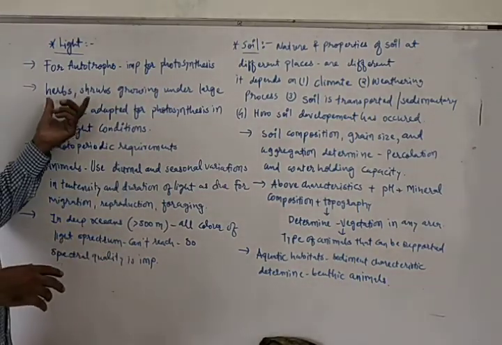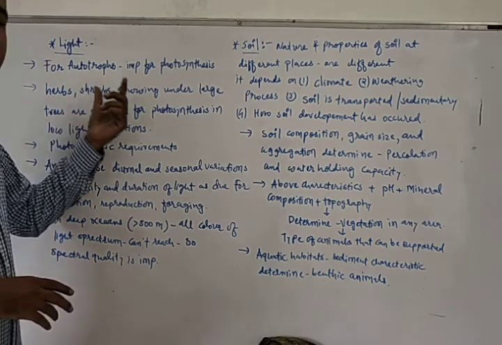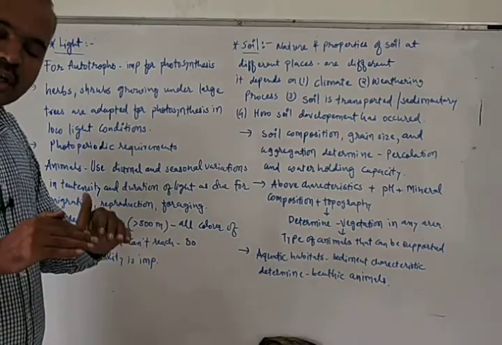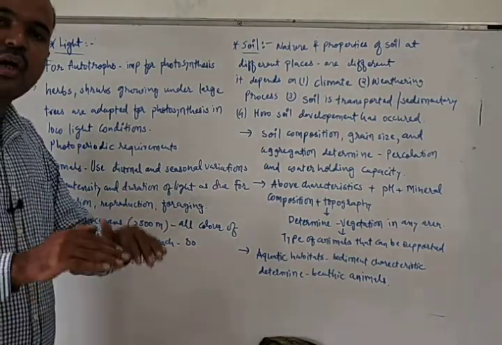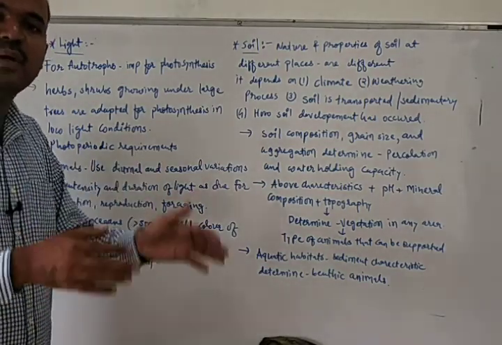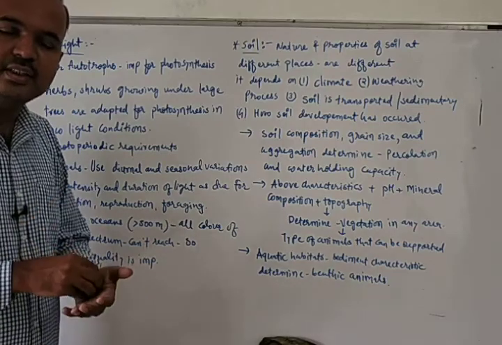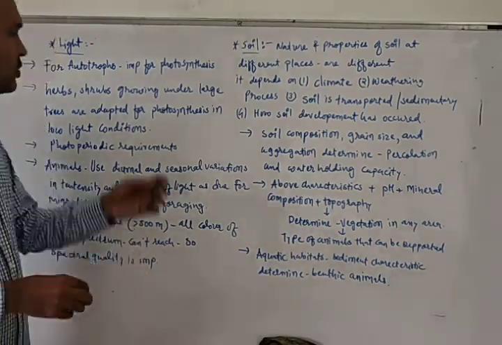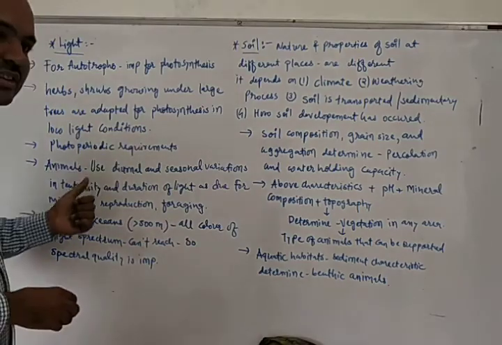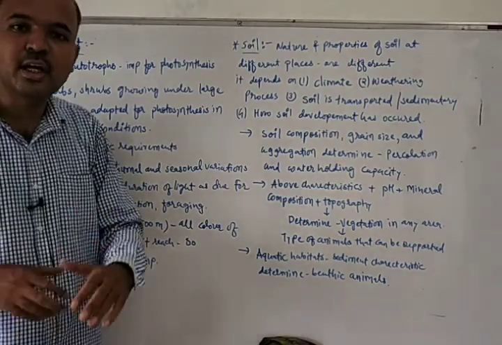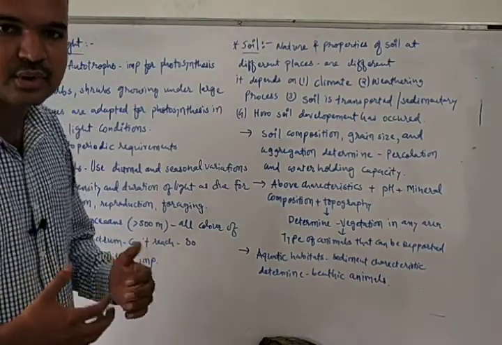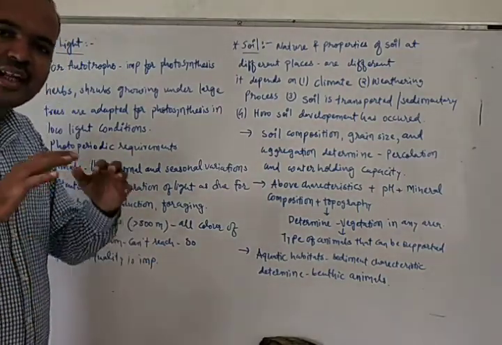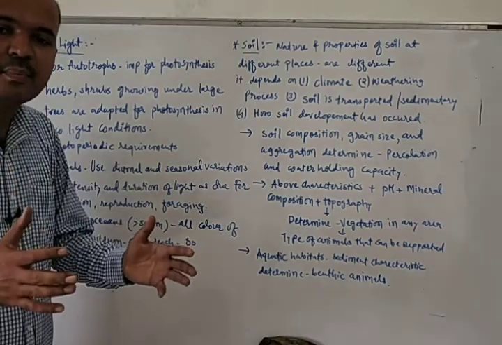Even plants like herbs and shrubs, which grow under the large trees in the tropical regions, are adapted for photosynthesis in low light conditions, because they don't get enough light. These large trees have big canopies.